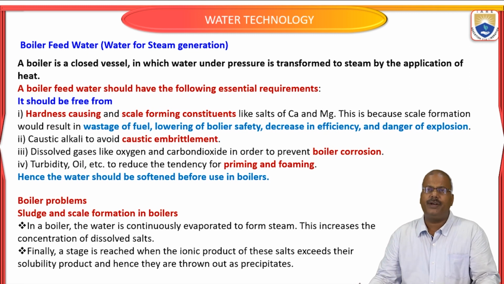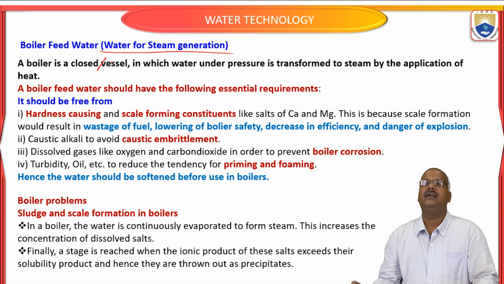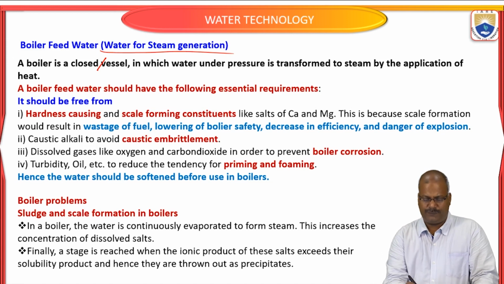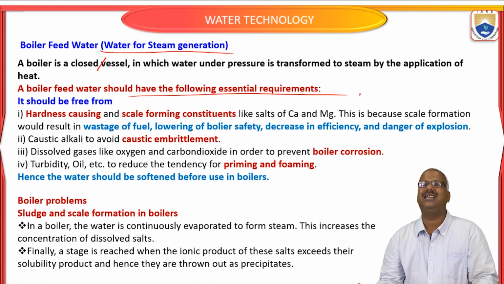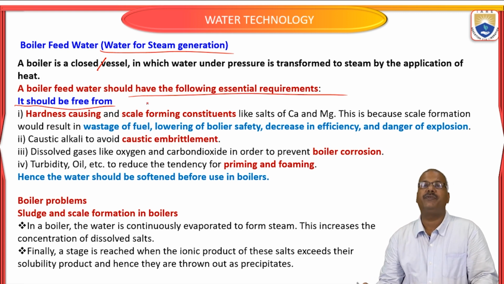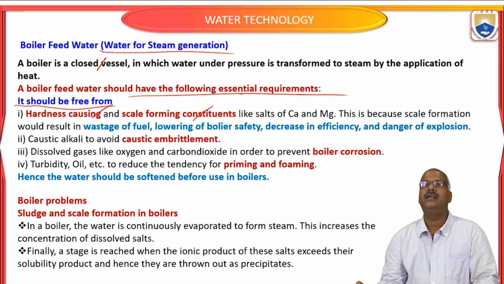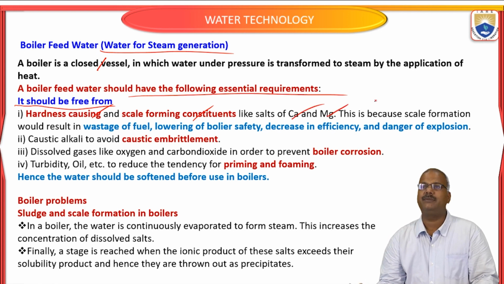Boiler feed water, water for steam generation. A boiler is a closed vessel in which water under pressure is transformed to steam by the application of heat. Boiler feed water should have the following essential requirements. It should be free from hardness-causing and scale-forming constituents, like salts of calcium and magnesium.